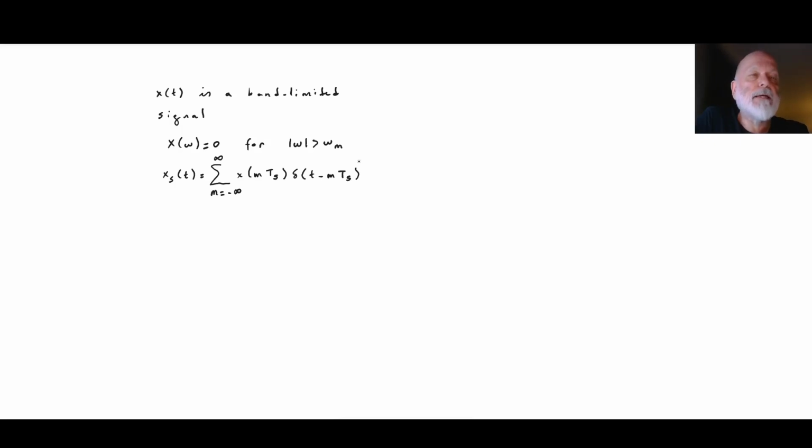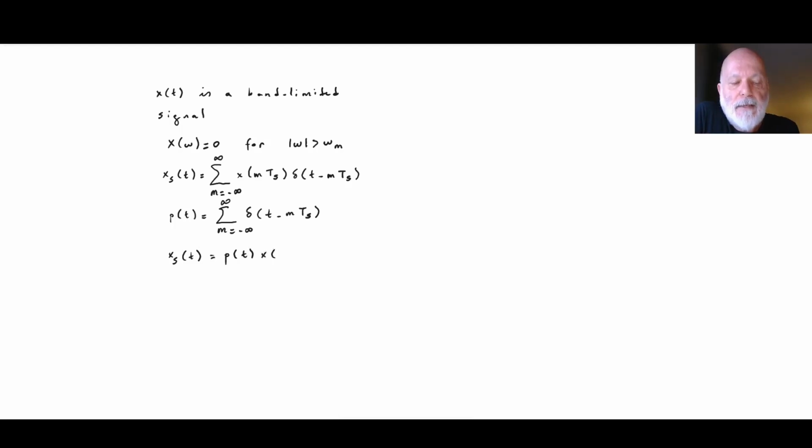We have sampling by a periodic impulse train. The periodic impulse train is p of t, which is the sum over m from minus infinity to plus infinity of delta of t minus m Ts, and therefore xs of t is the product of p of t and x of t.